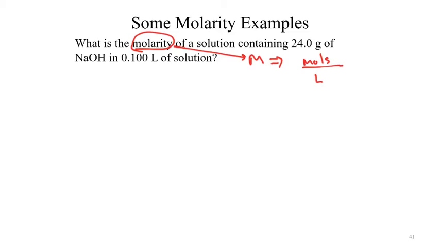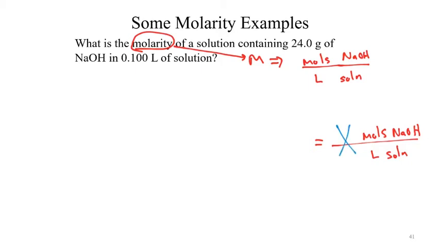Okay, well, in this case, we're dissolving sodium hydroxide, so we'll say moles of sodium hydroxide over liters of what? The liters of our solution. Okay, so if that's what I want for a final answer, I now need to come up with a way to organize all of the given information so that I can figure out what numbers need to go in front of this.